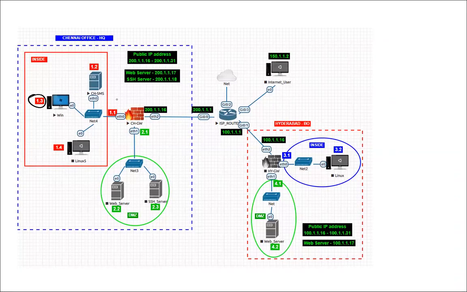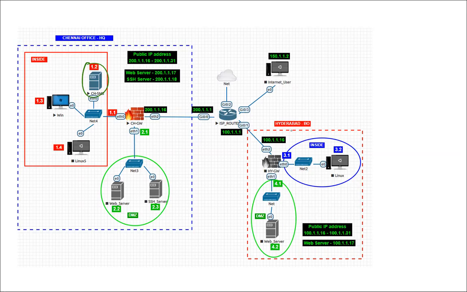And after that, we can configure certain rules like inside, outside, those things. And after that we can go and configure this Hyderabad gateway. So we're going to contact this Chennai SMS and push policy to the Hyderabad gateway, right? And if you see, there is no security management server on this side. So usually when you have multiple sites, you will have your SMS in one site, and from that one SMS, you will control all the branch office checkpoint firewalls. So we're going to learn how to do that.